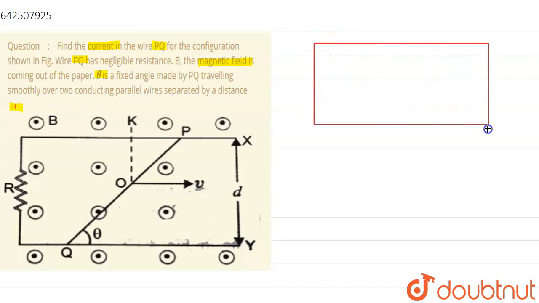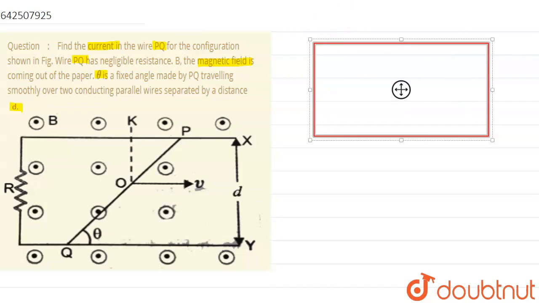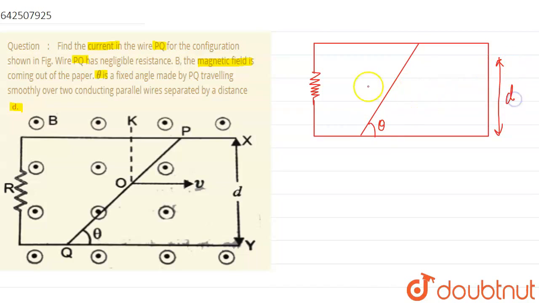Let's again make this setup, and then we'll have a resistance over here, and then here another resistance. And what do we have here? We have a wire PQ in this direction, right? And then we have angle theta over here, and this distance is d, plus this is moving with a velocity v in this direction.